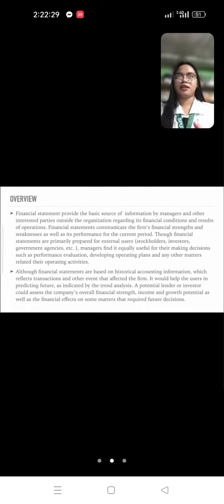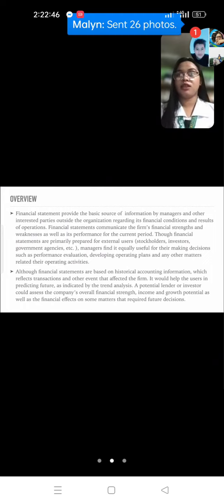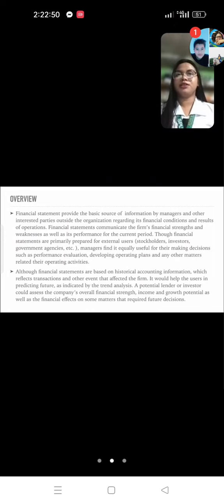Financial statements are primarily prepared for external users, but managers find them equally useful for decision making. Kasi nga 'di ba, ang pinaka-primary purpose of financial statement is to communicate to external users, but it doesn't end there because the managers can also use the information provided by the financial statements for their decision-making activities.